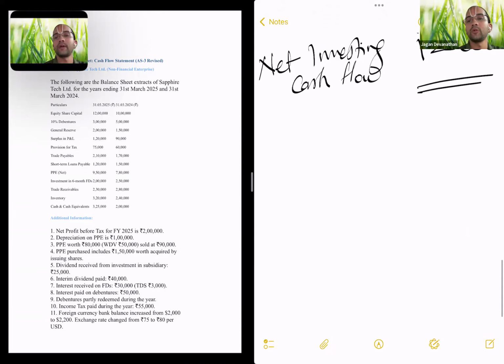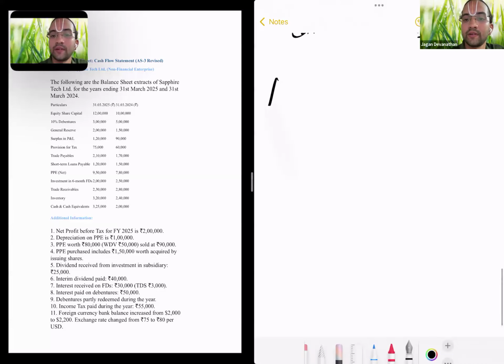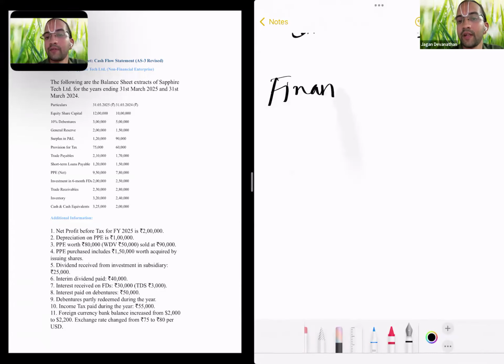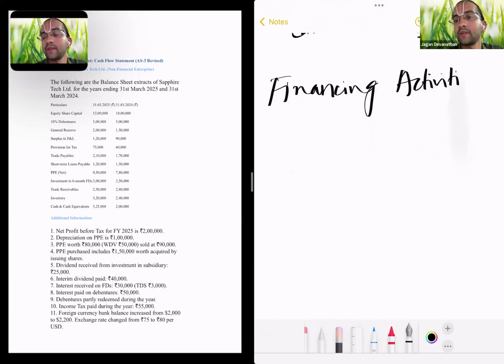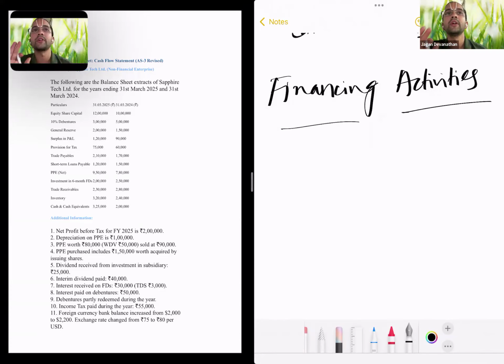Okay, now let's come back to financing activities. The biggest thing in financing activities, as I already said while I was reading the question, is that share capital was increased by 2 lakhs, but 1,50,000 of that was non-cash. So we have to keep that in mind.